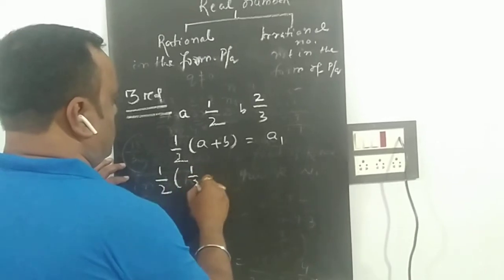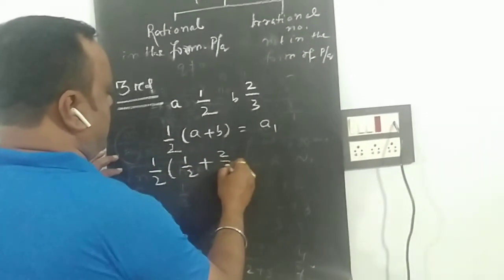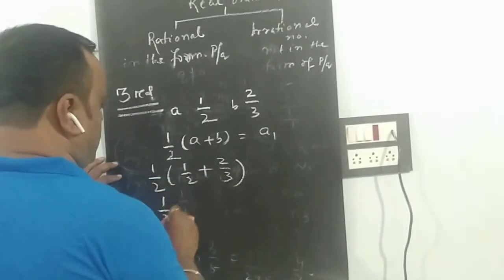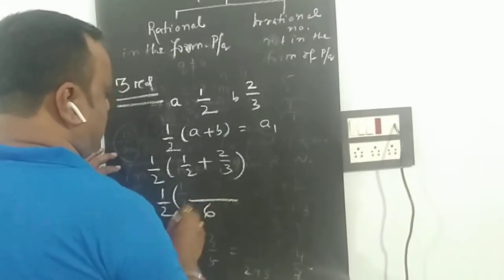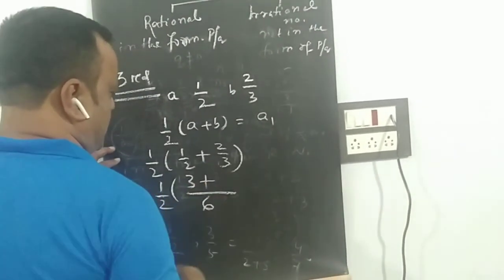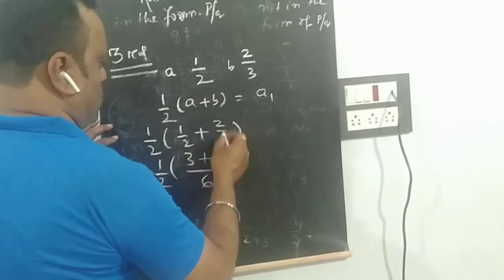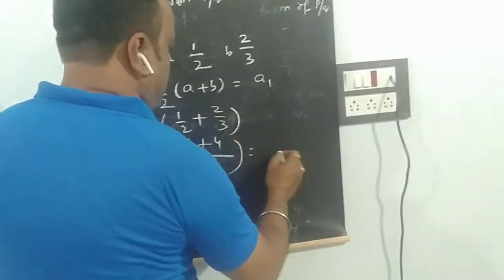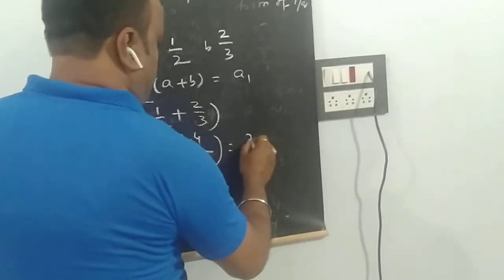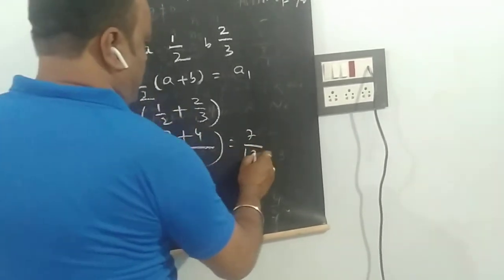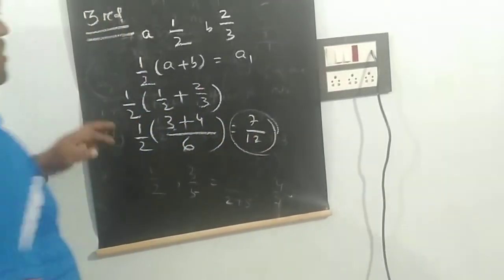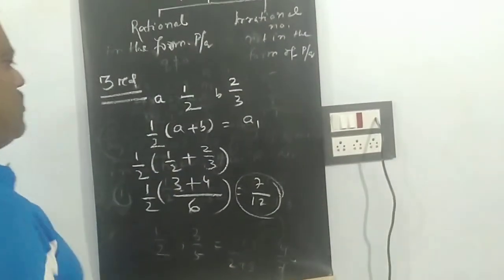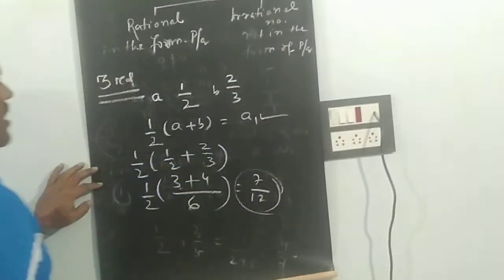A is 1 by 2 and B is 2 by 3. With LCM 6, you get 3 and 4. It means 3 plus 4, that is 7 by 6, times 1 by 2, 7 by 12. This is the first rational number in between, you got A1.